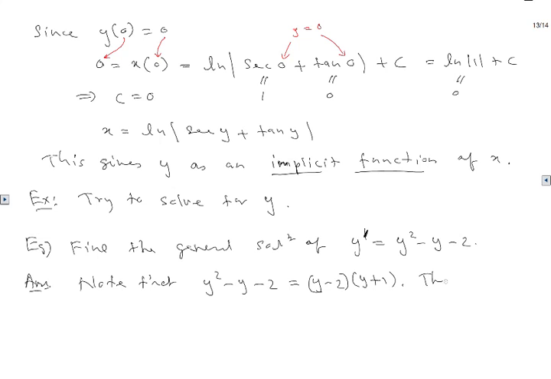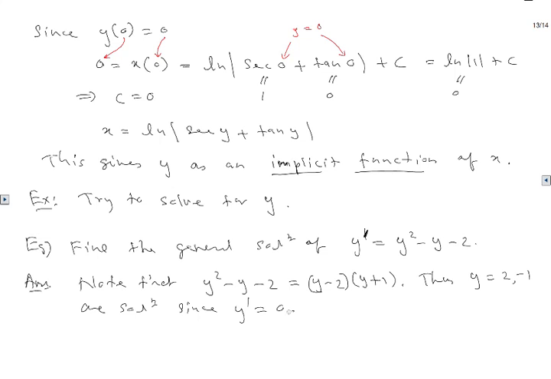Thus y equals 2 and y equals minus 1 are solutions, since y prime equals 0 in both cases. If you plug in, the derivative of a constant is 0, so both sides equal 0. That means they are solutions.